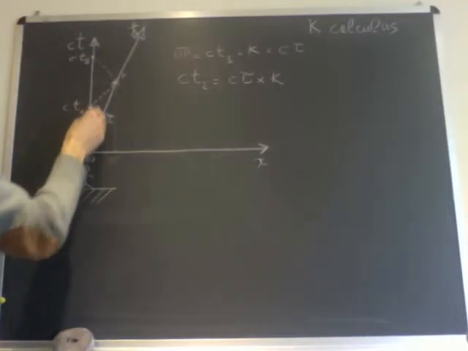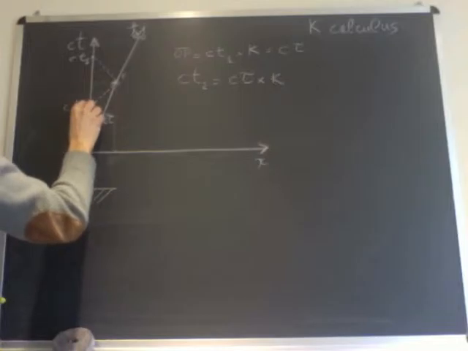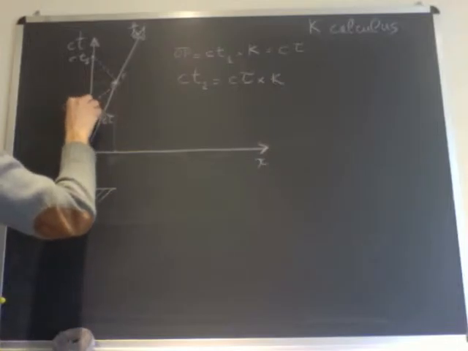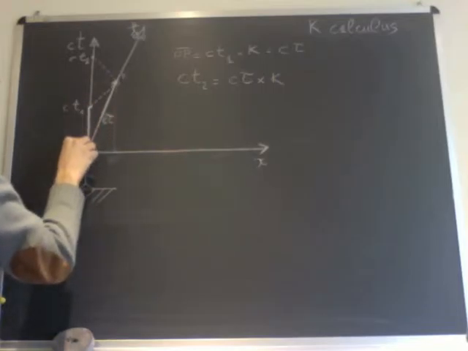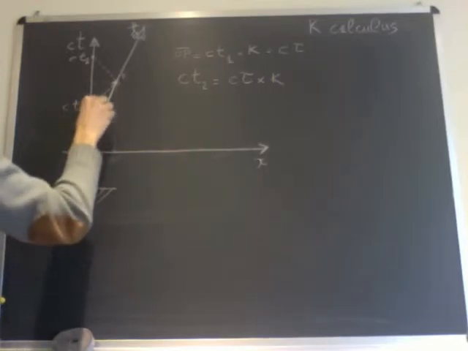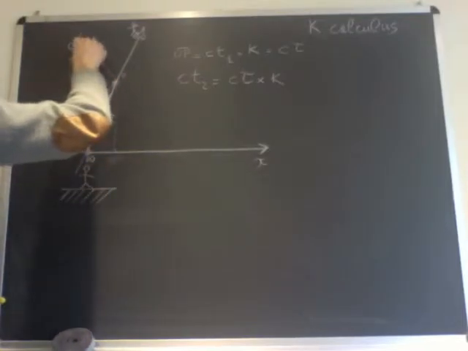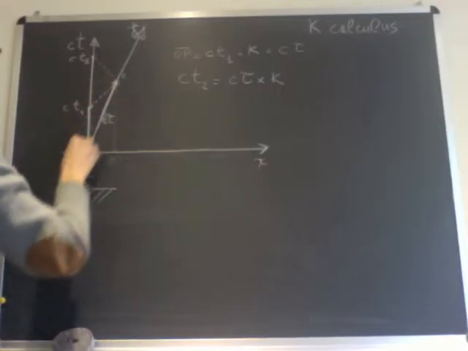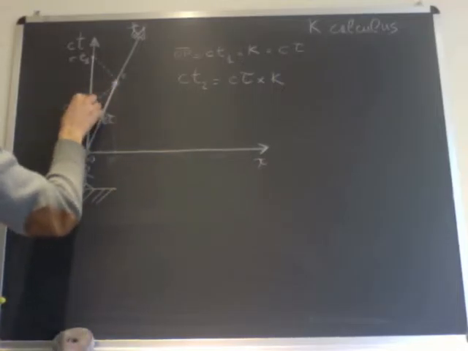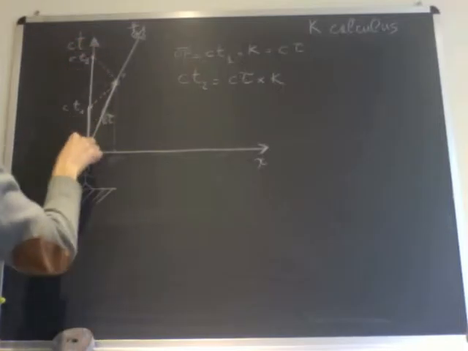You can see quite well looking at the picture. I know that this length here is equal to ct1 multiplied by a certain factor K. For the same reason, this length here is equal to c tau multiplied by the same factor K.